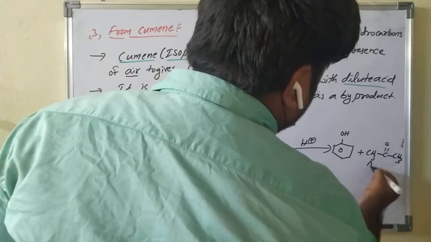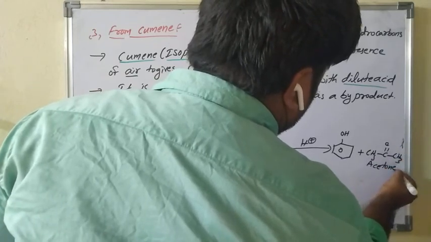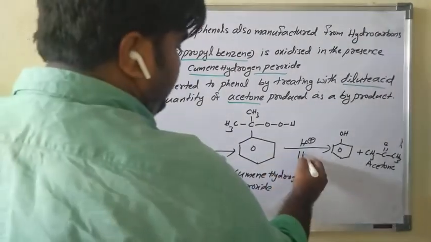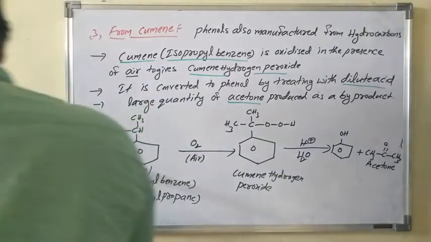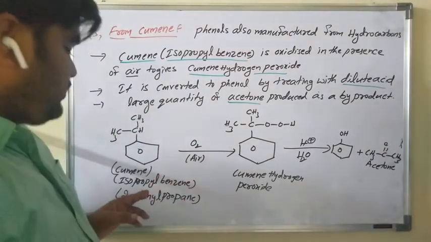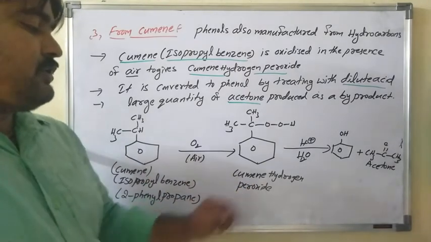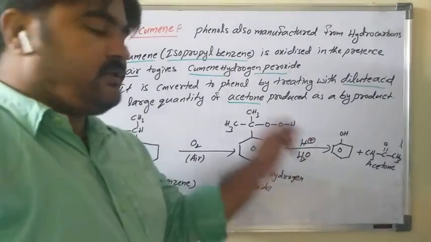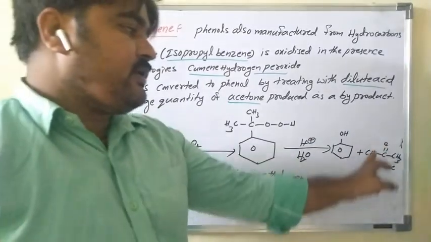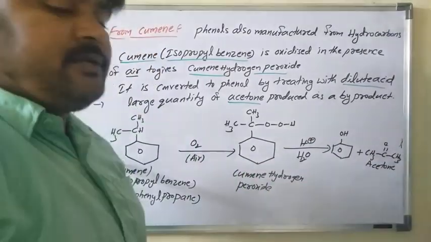This is called acetone. So cumene hydrogen peroxide, acidic medium, followed by hydrolysis. So cumene is oxidized, isopropyl benzene gives cumene hydrogen peroxide, and in the presence of acidic medium produces phenol and acetone. This large quantity of acetone is produced as a byproduct.